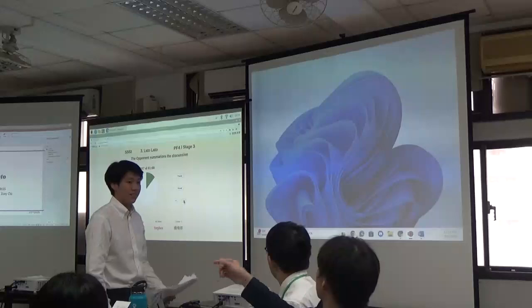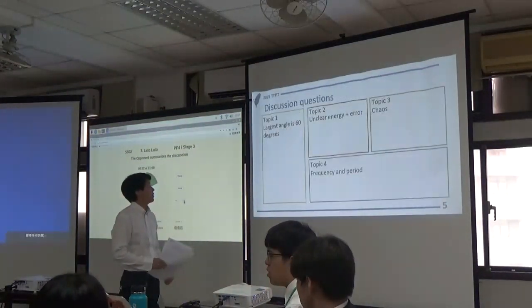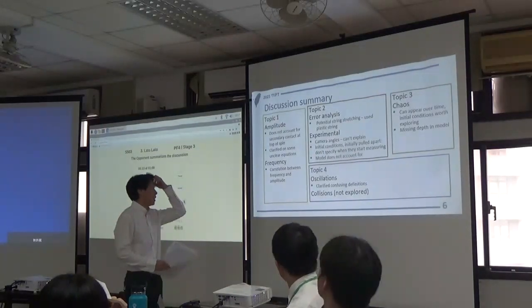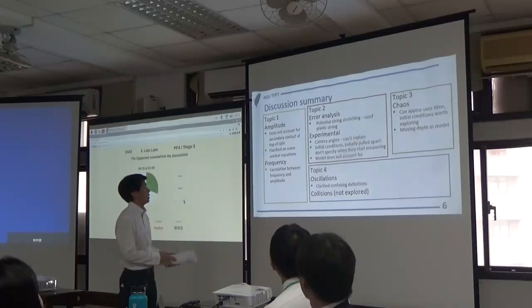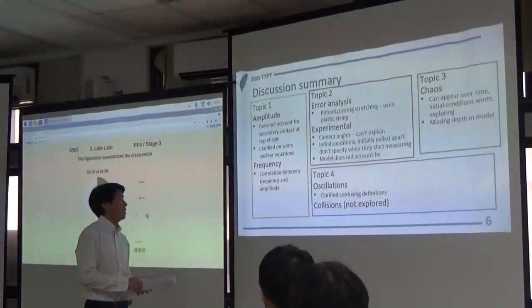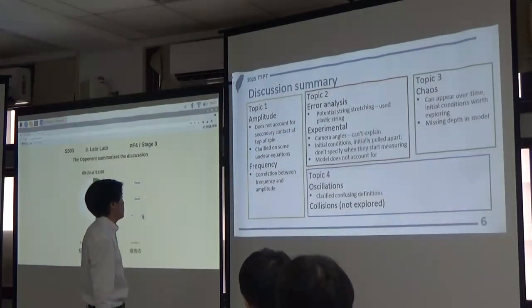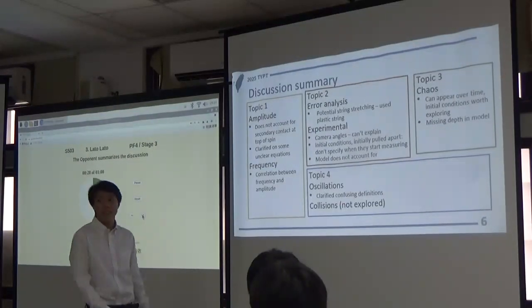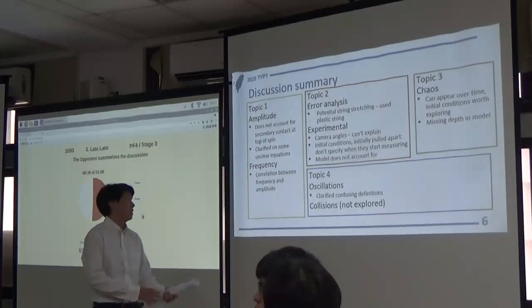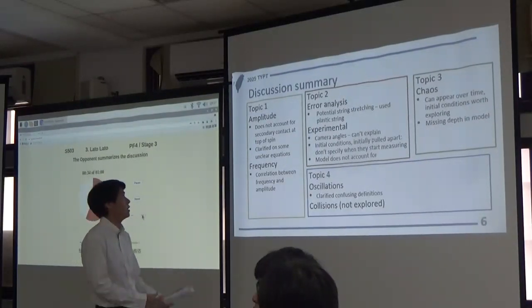Okay, so I'm going to summarize the discussion. The first topic we talked about was amplitude. They do not account for the secondary contact at the top of the spin, and they clarified some unclear equations. Frequency: they showed the correlation between frequency and amplitude. Air analysis and potential string stretching: they said they used plastic strings, which doesn't make sense because the stretching happens throughout the experiment.